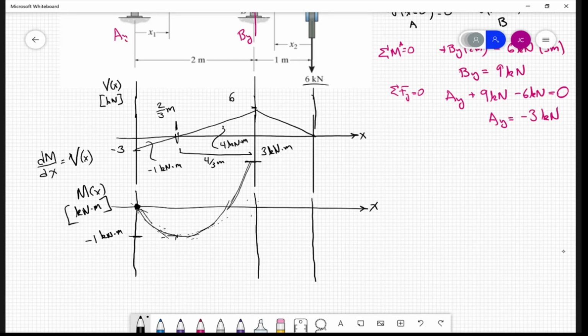It's going to start off with a negative slope of 6, and it's going to go down to 0. So it's going to do something like that. No, I'm sorry. What am I doing? Wait a second.